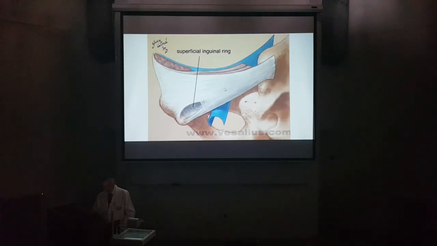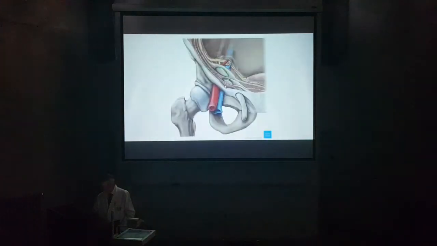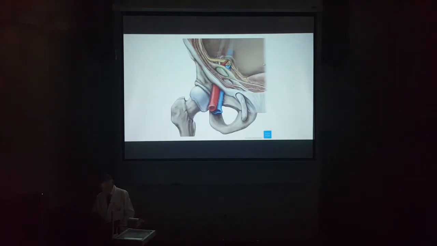The anterior wall is the aponeurosis of the external oblique. This is the internal oblique, the internal opening, and this is the external opening.